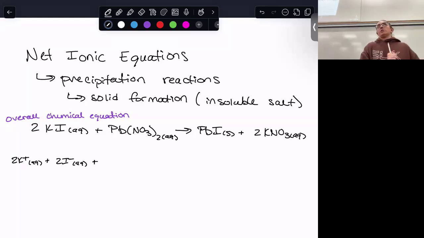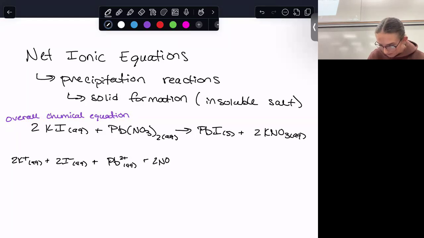What about lead nitrate? What does that look like? 1 Pb. What's the charge on lead? 2 plus. Right, and we know that because NO3 minus is a polyatomic ion. I do believe that will be given to you on a chart, so you can check it. But we have 2 of those NO3s, so that means we need 2 for our lead.